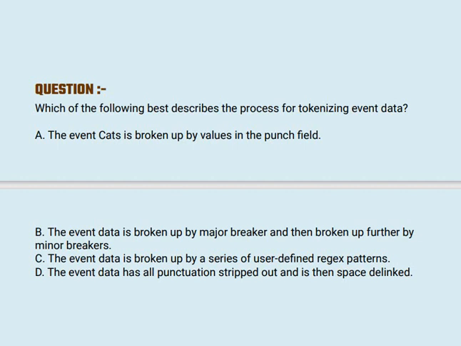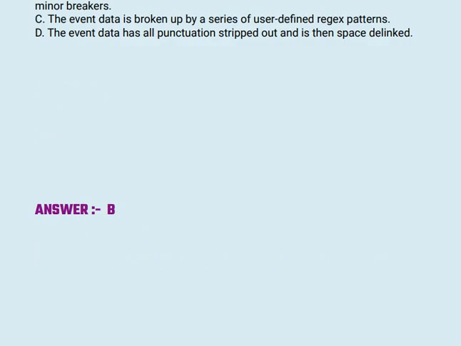Option C, the event data is broken up by a series of user-defined regex patterns. And option D, the event data has all punctuation stripped out and is then space delimited. The correct answer is option B.